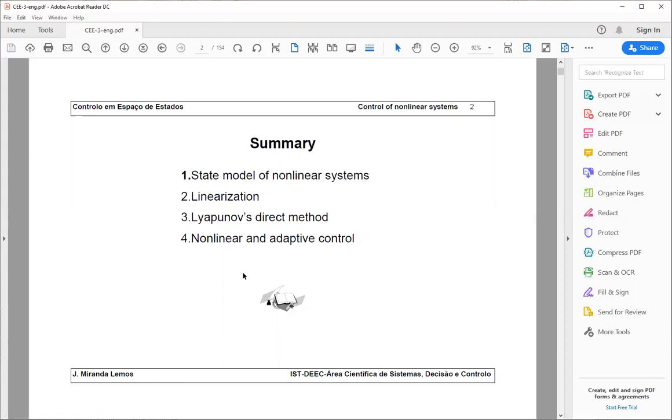Then in the third part, we will be concerned with Lyapunov's direct method, which is a more powerful method than linearization. And finally, in the fourth part, we will capitalize our knowledge about Lyapunov's direct method to design nonlinear and adaptive control laws.